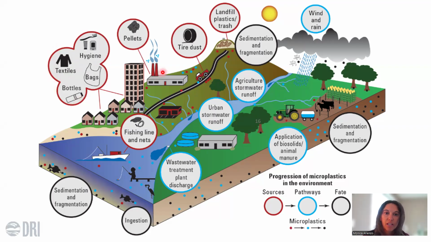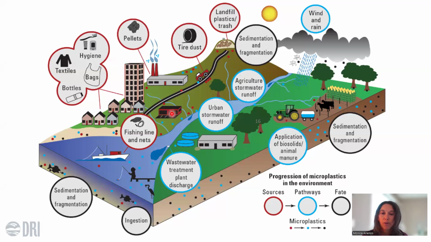We can have the manufacturing plants that actually produce plastics, and those can also escape into the environment. And then other human activities like just driving can emit tire dust, which can then enter into the environment. And then lastly, we have other sources like landfills, as well as human activities like fishing.